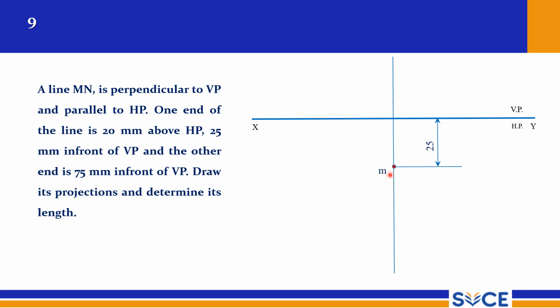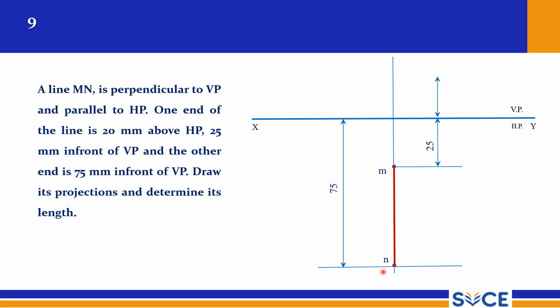That is M, and the other end is at 75 mm from VP. So 75 minus 25 becomes our true length. So at 75 mm draw the line. Now this is your MN. So it means that this is the true length line. So this is the top view also.